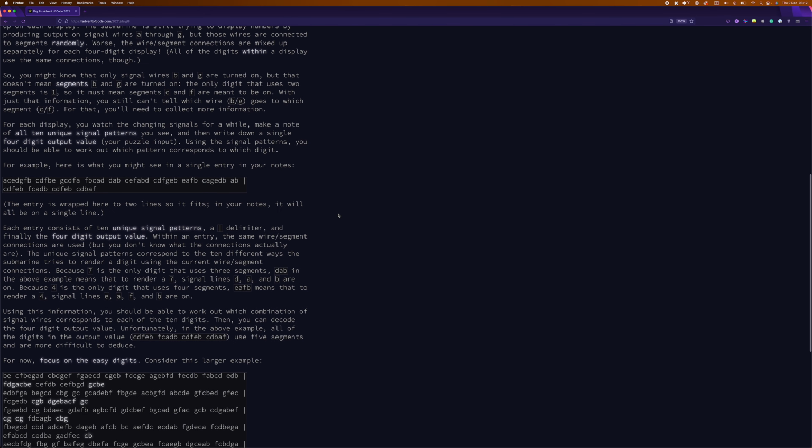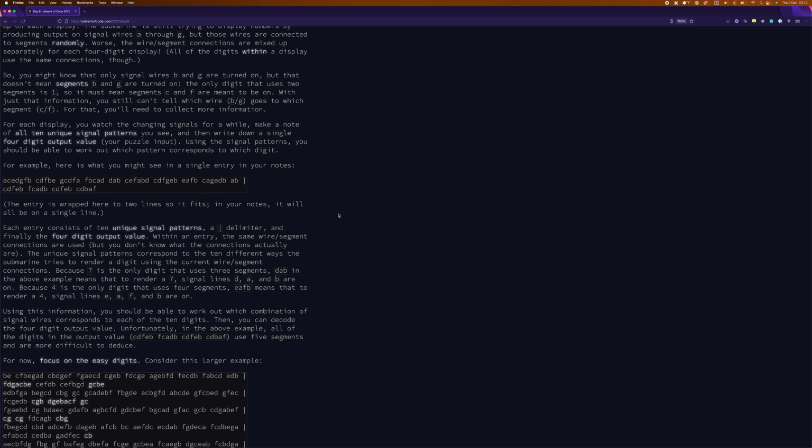So for example, DAB in a single line would always correspond to the same digit, and it would always be 7, because only 7 has 3 segments. Anyway, long story short, we would need to basically crack all the possible encodings, so ways that you could write down a number on a 7-segment display, and find the right ones that were matching every word in the line.